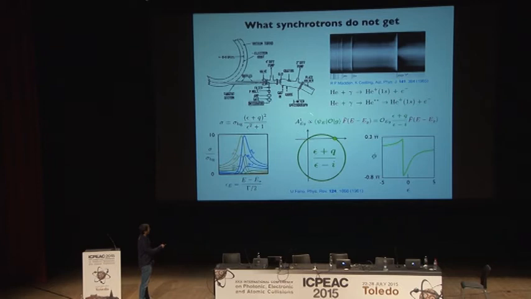So the phase of the resonant transition amplitude starts at 0, grows up a little bit, and then at the point where the reduced energy equals minus q, so where this circle is 0, it falls down by pi and then goes back again to 0, and overall there is no net phase variation. So this phase information with synchrotrons is lost.